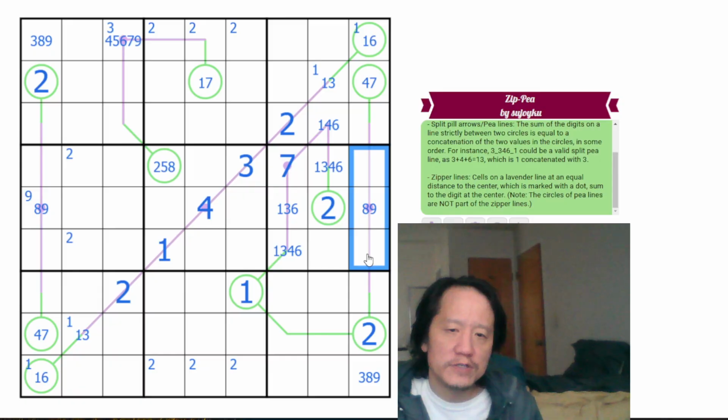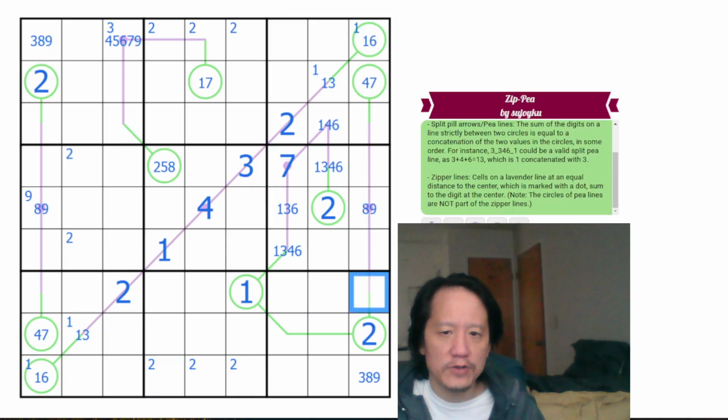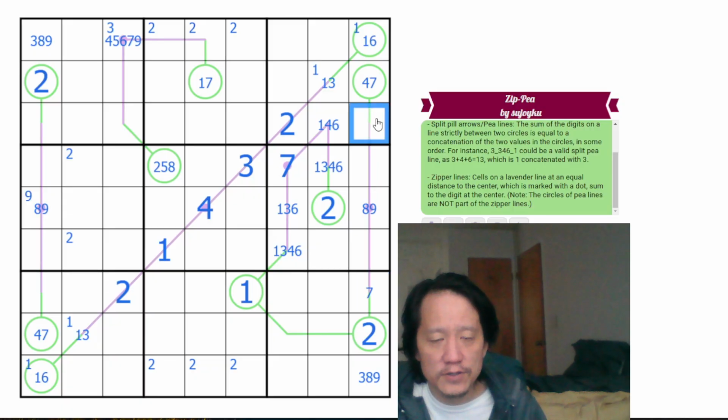This cannot be 1, 7. So if it's 1, 7, the 1, 7 cannot be here. So the 1 can't be here. So this would have to be the 7, and this would be 1.